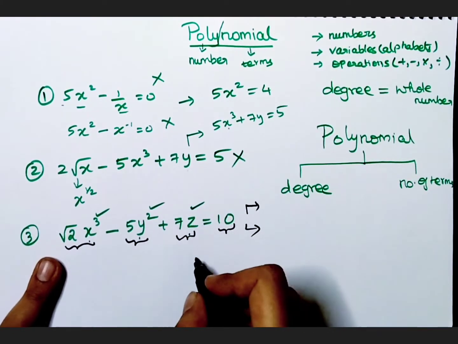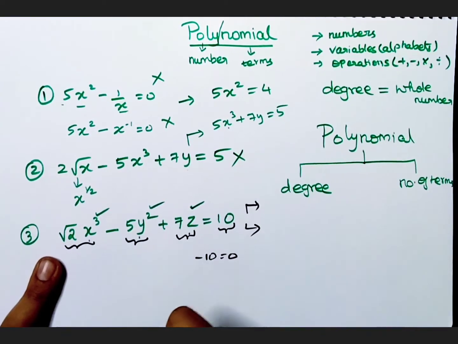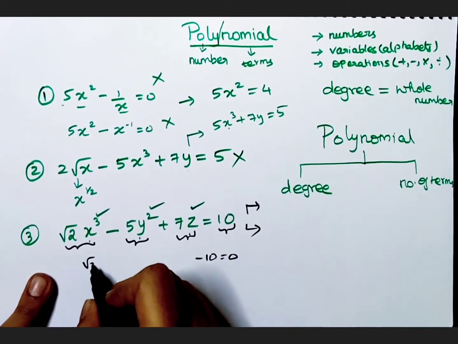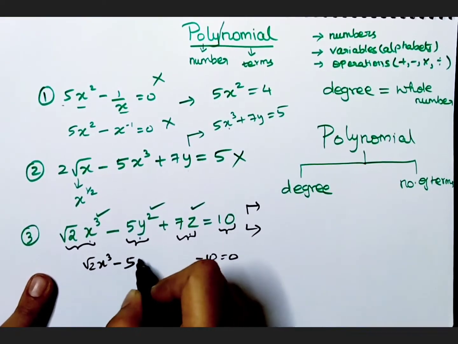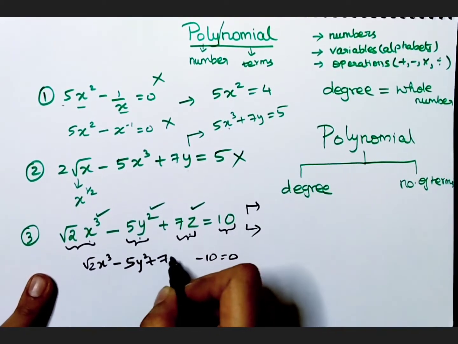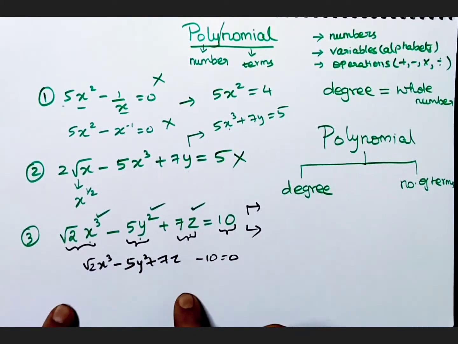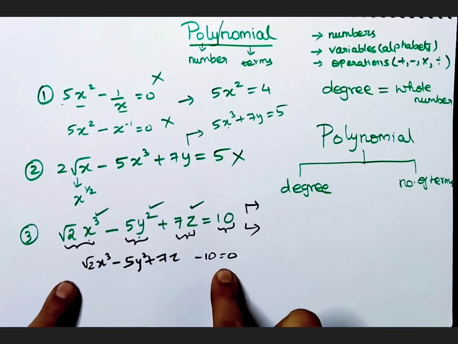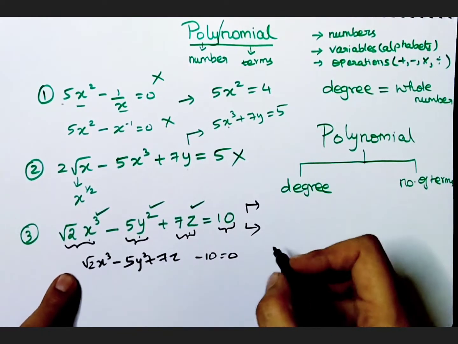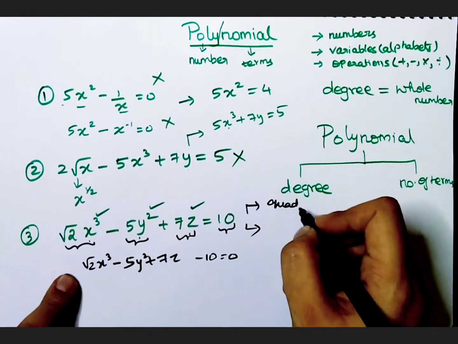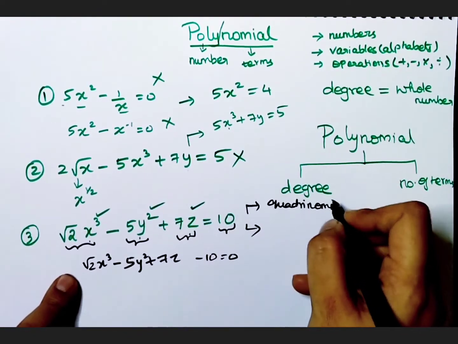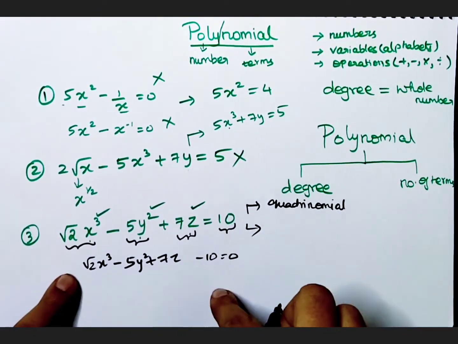You can take this 10 to the left side as minus 10 equal to 0. So we have root 2 x cube minus 5y square plus 7z minus 10. So we have 4 terms. Based on the terms, then we say quadrinomial or polynomial with 4 terms.